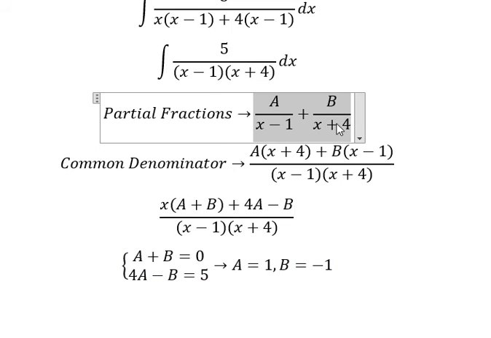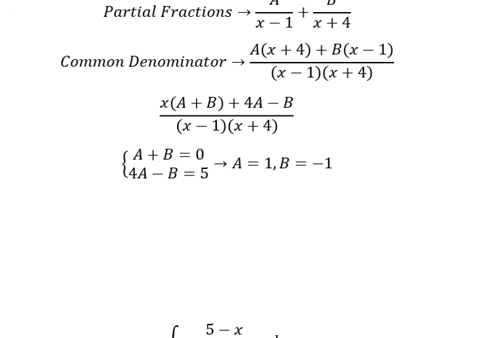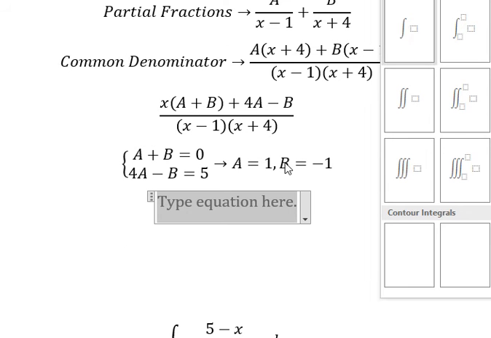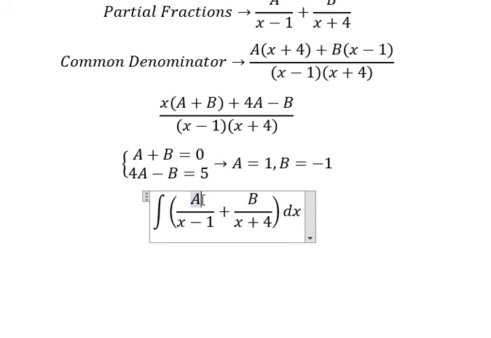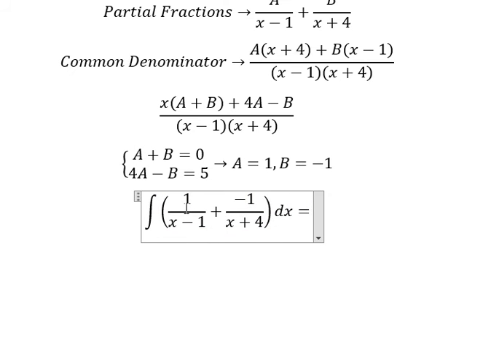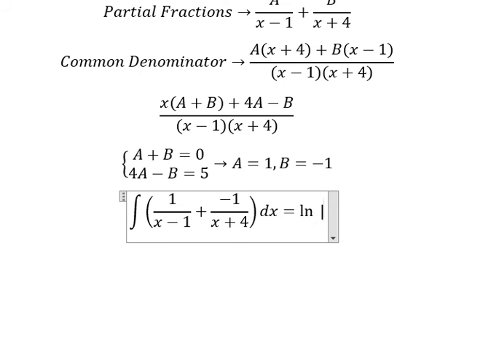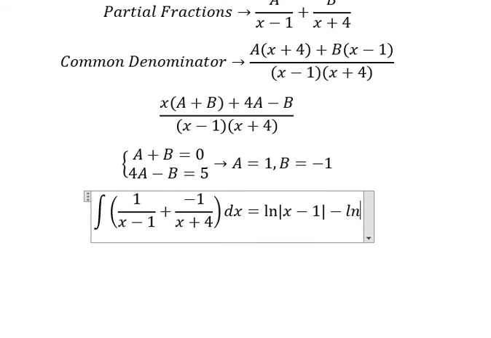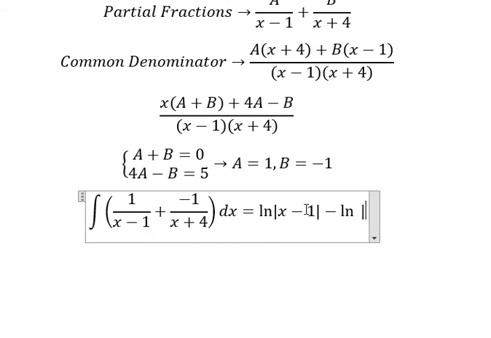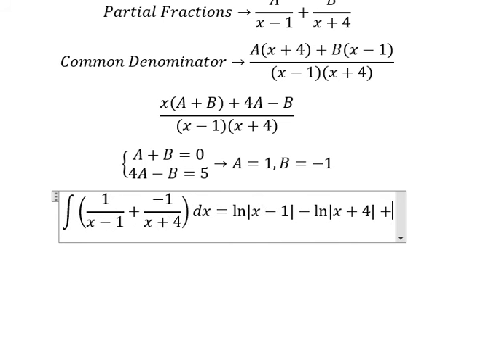So we put the values here. The integration of this one, you get ln of the absolute value of s minus 1. The next one is ln of the absolute value of s plus 4. And we put c.